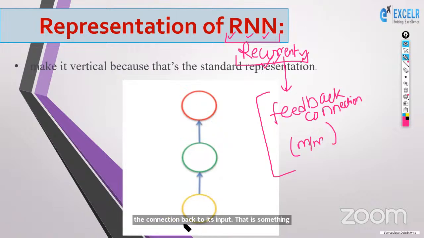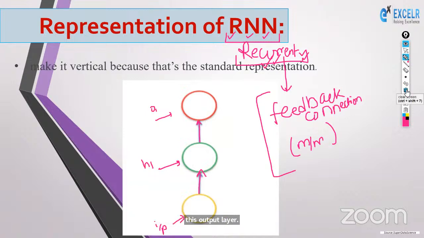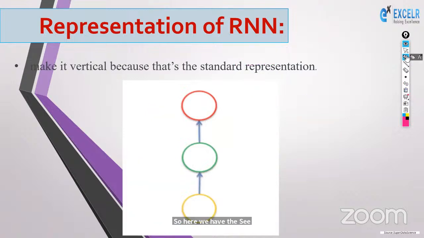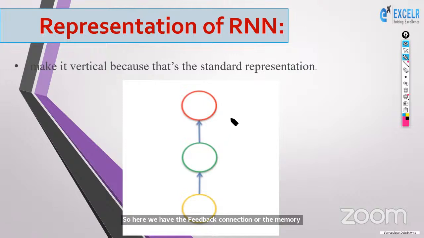If you see here, guys, this is my input layer node, and this is the input which is fed to this hidden layer. From the hidden layer we get the output, which is the input to this output layer. Here we have the feedback connection, or the memory element, for the hidden layer output.